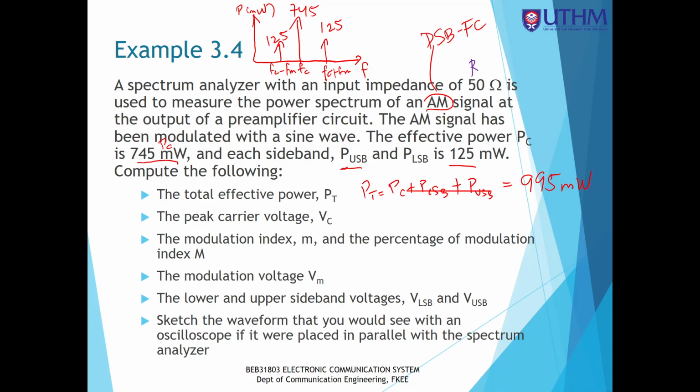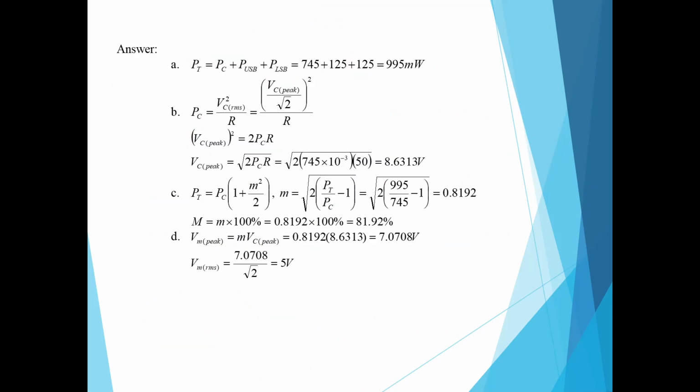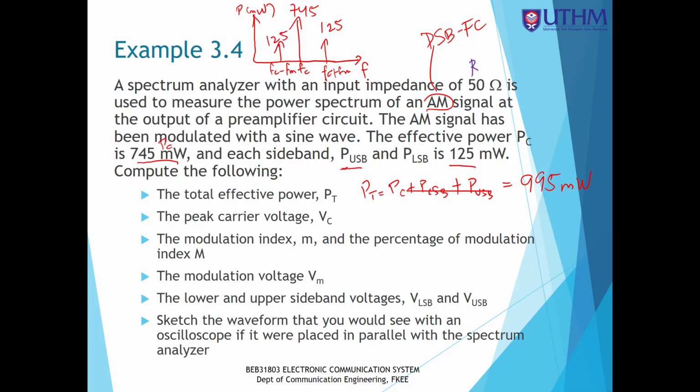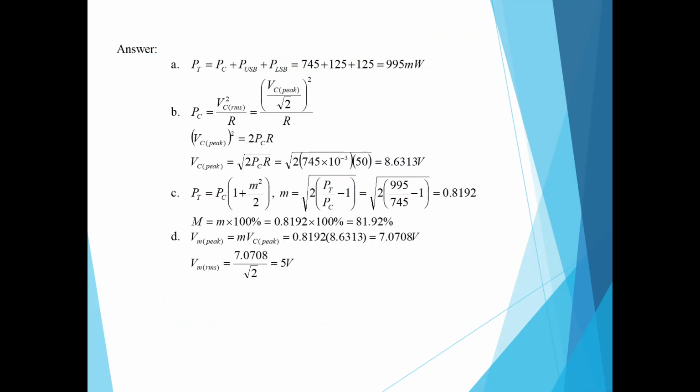And then what? The peak carrier voltage. So I think this has the answer here. Okay, so the peak carrier voltage. If you see from here, remember the power calculation.